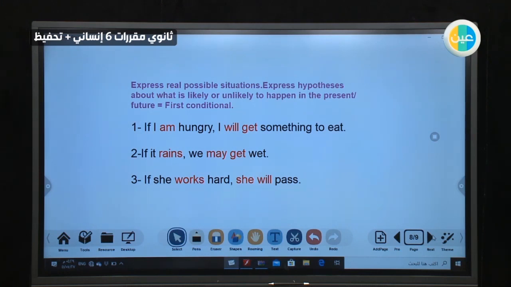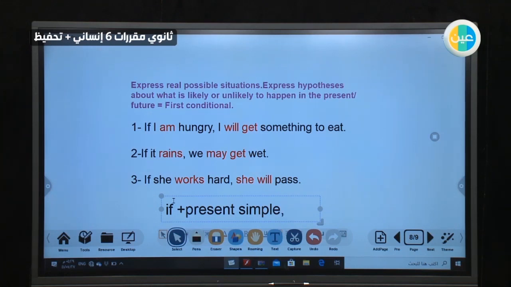Okay, can you give me the rule for this? If I am hungry. So the if clause, which tense is the sentence? I am. It rains. She works. Yes, present simple too. This is the if clause. What about the second part of the sentence?